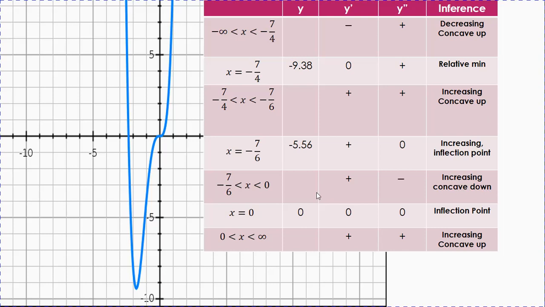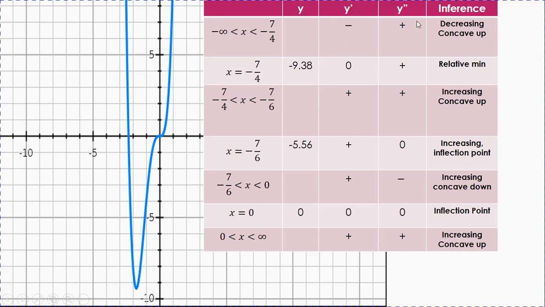Okay, so we create a table here, and we start by saying, okay, from negative infinity to negative 7 over 4, we can choose any number. If we choose, for example, negative 2, it's between negative infinity and negative 7 over 4, okay? We use that negative 2 instead of x and put it in the first derivative formula. So the value of first derivative would be negative.